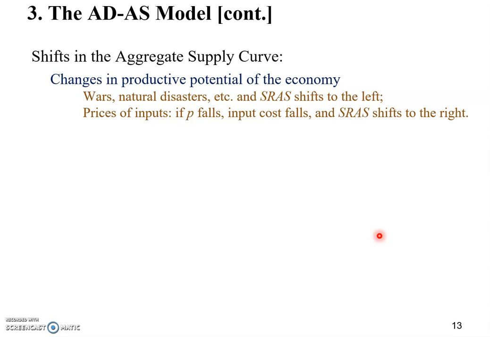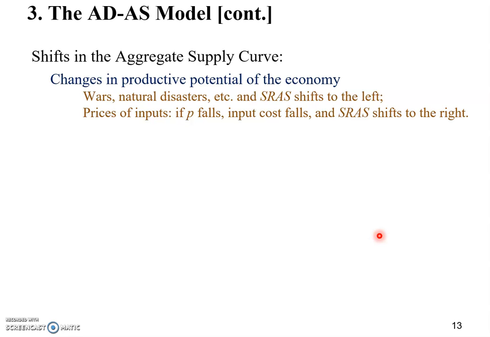So if the input price goes down, that means the cost would be lower. Okay? So it's cheaper to make goods and services, then the short-run aggregate supply curve shifts to the right. Okay? And vice versa, if the inputs becomes more expensive, then the SRAS would shift to the left.